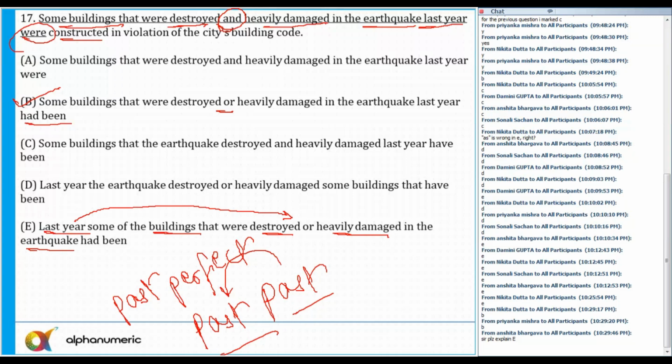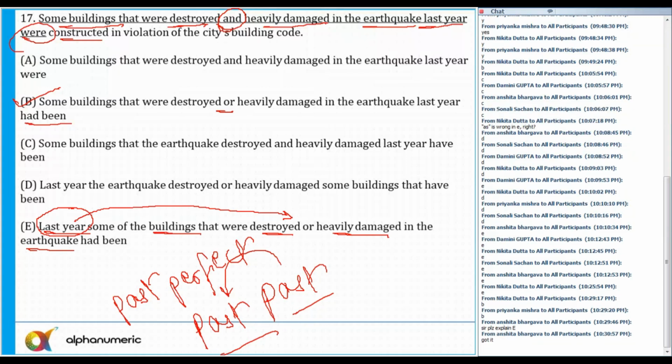But the main aim of this sentence was to tell you that the earthquake happened last year. If I put last year over here, it does not indicate that the earthquake happened last year. It seems that the destruction happened last year. This modifier last year is for the earthquake, and because I have placed it very far from the earthquake, it seems that the destruction happened last year.